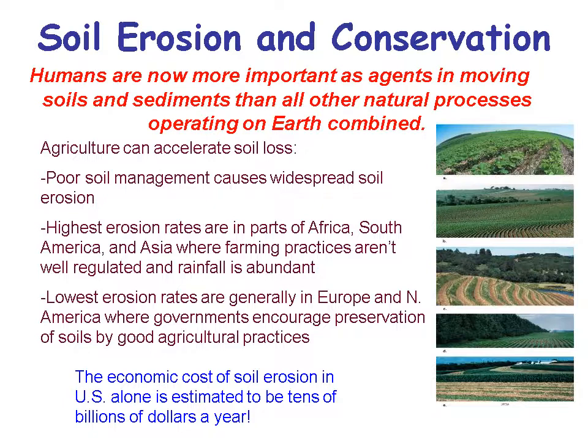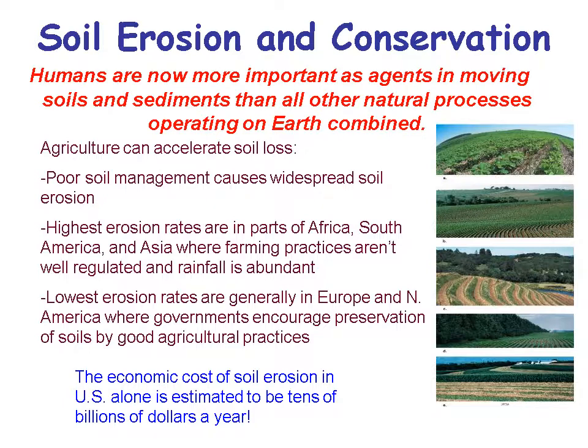Poor soil management causes really bad soil erosion, and today we have very sophisticated soil management in the United States, but in countries where we don't have that level of sophistication, say in Latin American countries where they're slashing and burning rainforest, and then that rainforest just doesn't have a good topsoil, that poor land management will cause big problems.